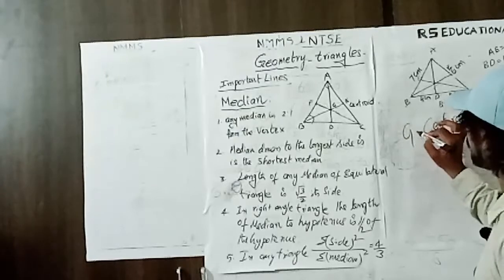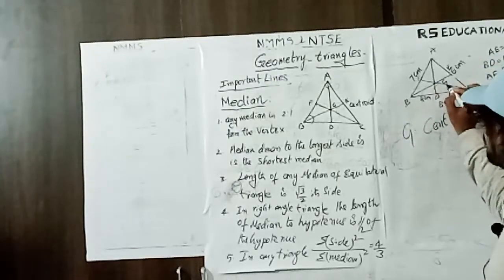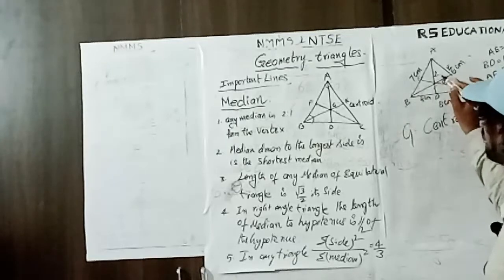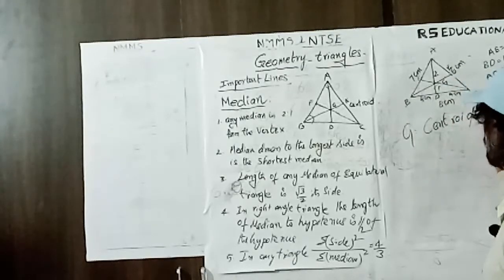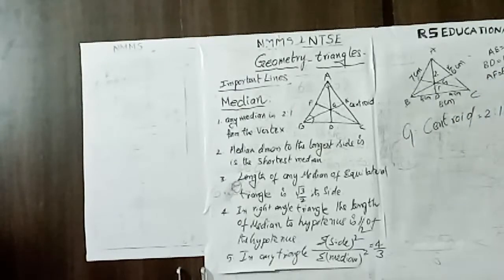G. This centroid G divides the median in the 2:1 ratio. It divides the median into a 2:1 ratio.